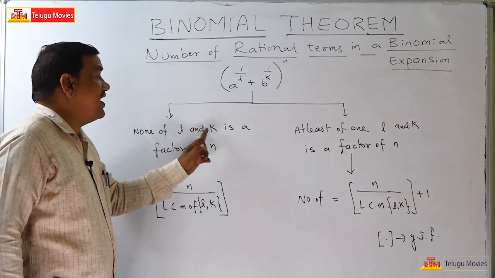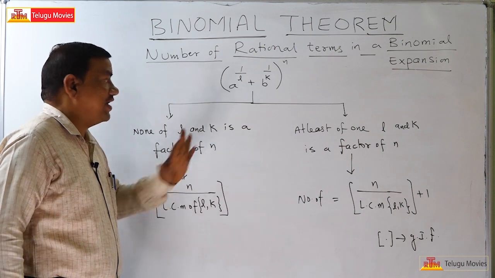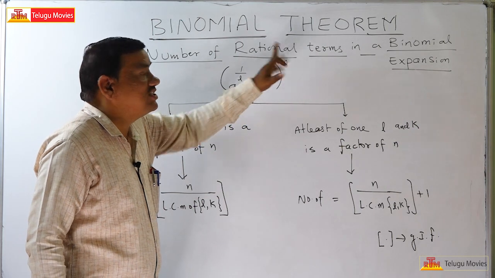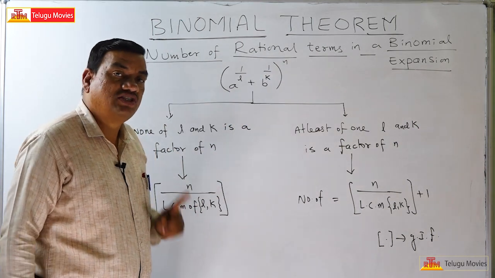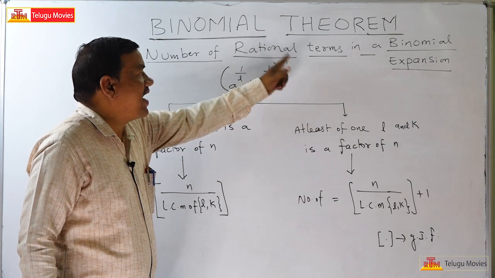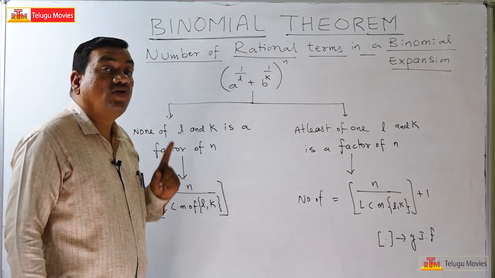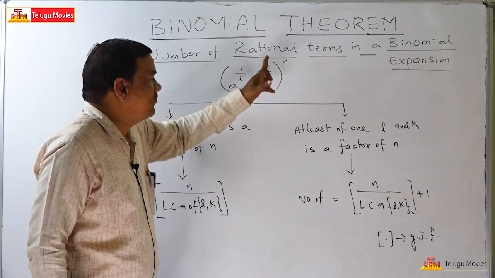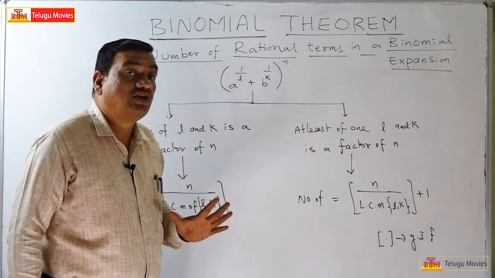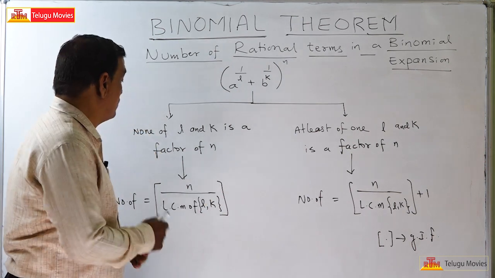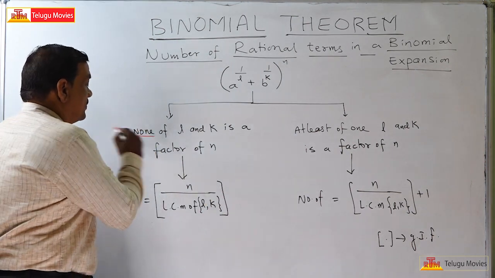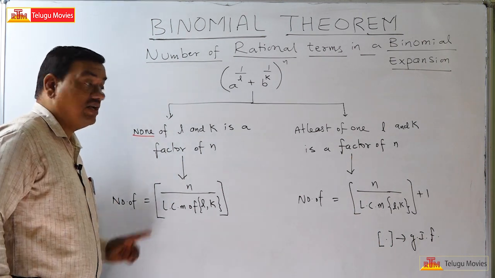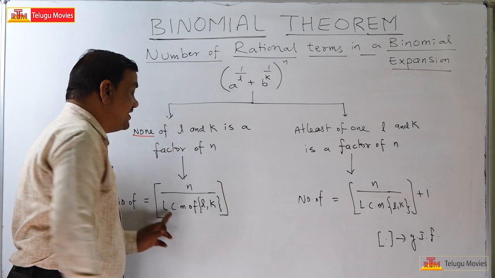If none of L and k is a factor of n, that means L is not a factor of n and k is not a factor of n. First you have to check whether L and k are factors of n or not. If none is a factor of n, then the number of rational terms is given by the greatest integer function.